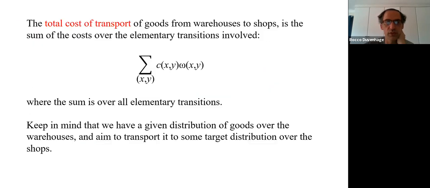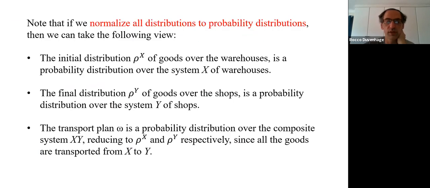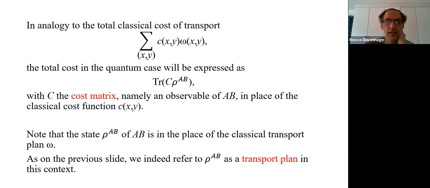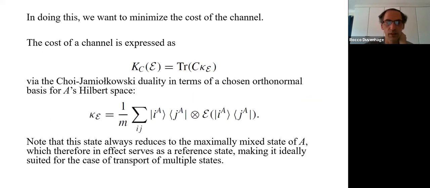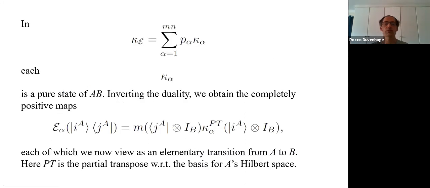That's just taking you back to the classical case. Let me quickly show you again. If you think of the pure state of the system XY as an elementary transition, then you're going to think of pure states in a quantum case as elementary transitions as well. So if I take the state kappa E, which represents the channel E, and I diagonalize it with these kappa alphas being pure states, then I'm going to think of each kappa alpha as a pure state.